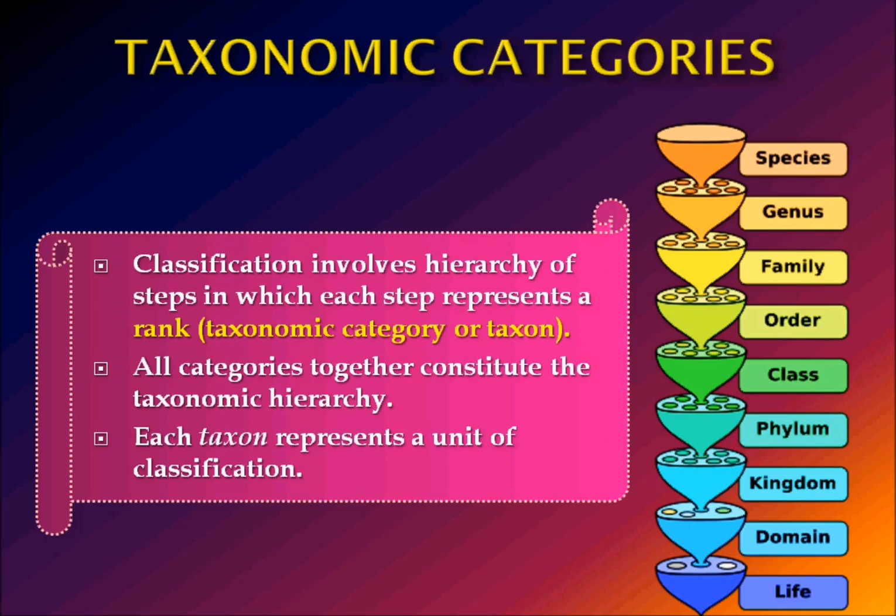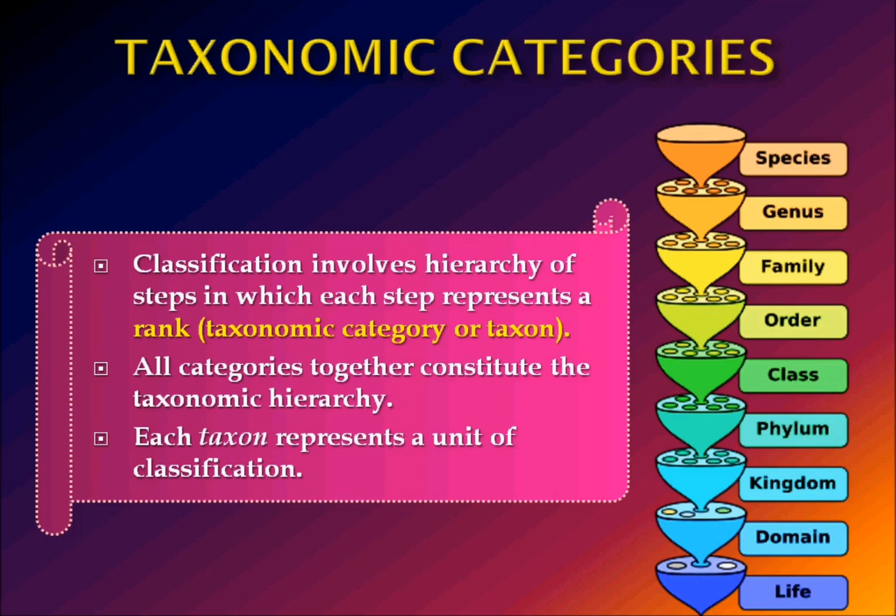These are kingdom, phylum or division, class, order, family, genus and species. Now I have used the words phylum and division. Phylum is used in the case of animals and division is used in place of phylum in the case of plants.